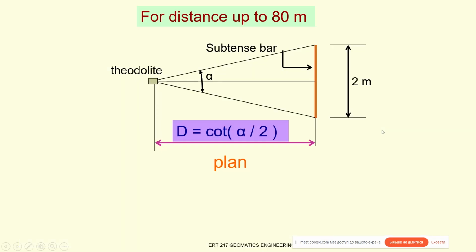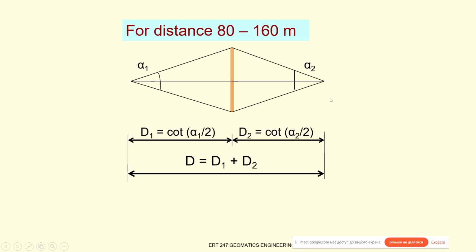The same formulas. Well, for distances up to 80 meters, we can use the simple target bar. Substance bar. For distances from 80 to 160 meters, we can put the substance bar in the middle of the line and measure distances from opposite sides of the line.